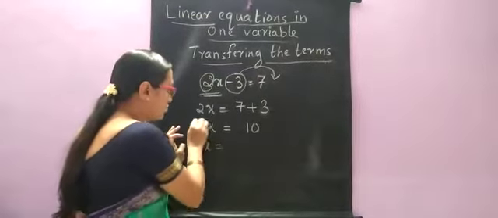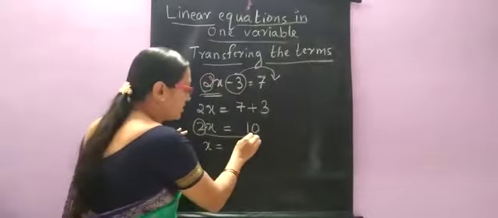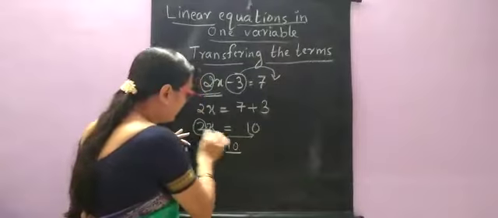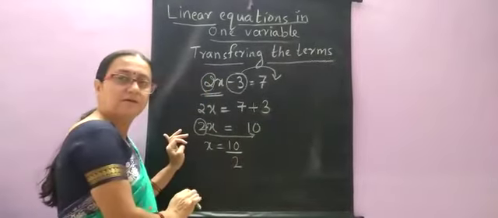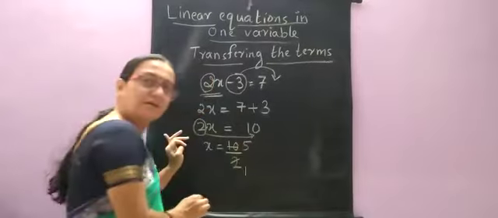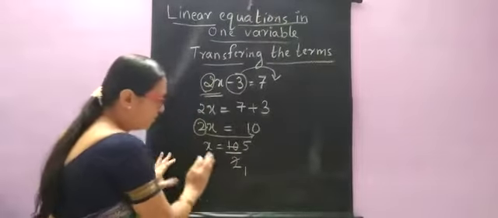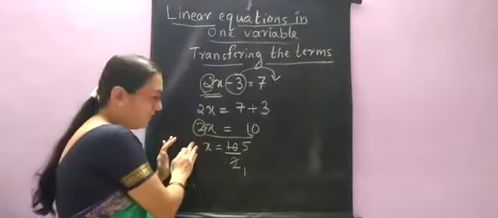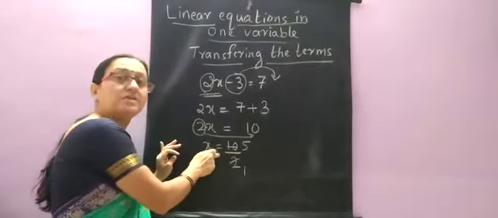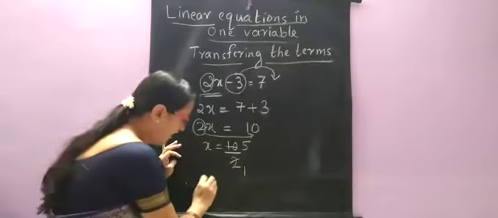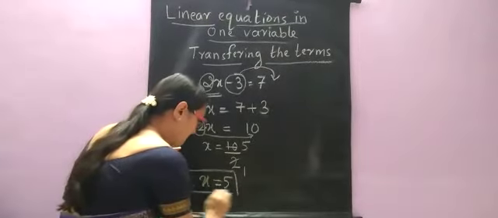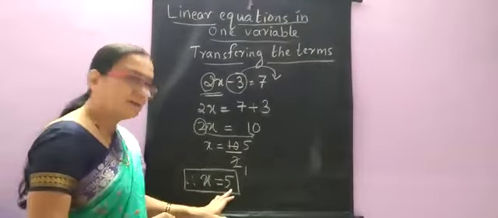We are shifting this 2 also now. 10 remains as it is, divided by 2 here. 10 divided by 2: 2 ones are 2, 2 fives are 10. Therefore, now only x remained on the left side and a constant remained on the right side. They are equal to each other. That is the meaning here. So the x value will be equal to 5. So x became 5 here.